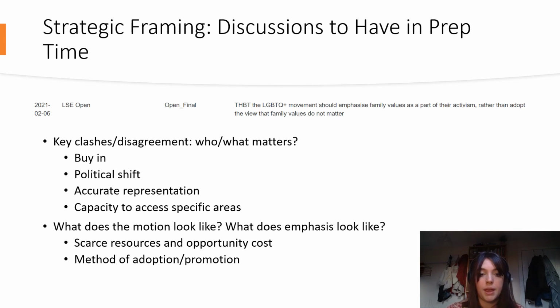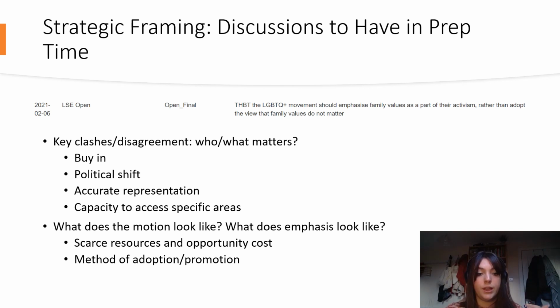So I think that in this debate, key clashes and disagreements are like buy-in, political shifts that can occur, accurate representation of movement ideals and stuff. So is it consistently possible for the LGBTQ+ movement to emphasize family values if family values are like the antithesis of the LGBTQ+ movement? Not saying that it is, but I'm just saying that you've got to ask that question.